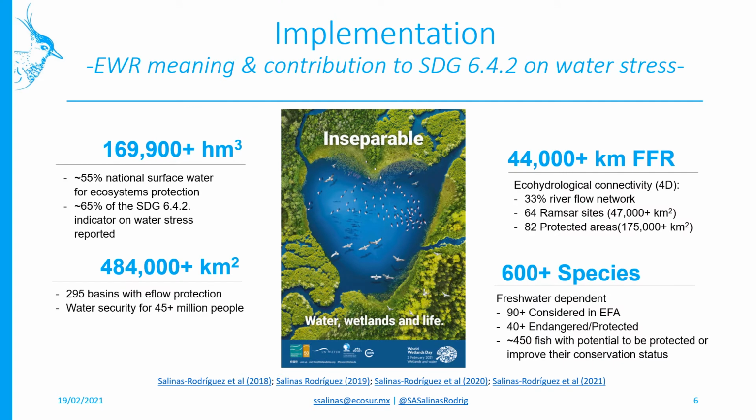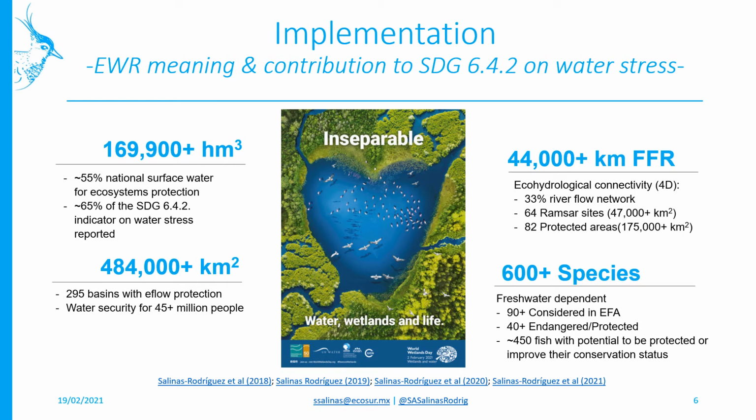At a country level, nearly 55% of the total surface water has been designated for ecological protection. This means around 65% of the Sustainable Development Goal 6.4.2 indicator on water stress. Environmental water reserves from almost 300 basins have been legally protected towards water security for 45 million people.